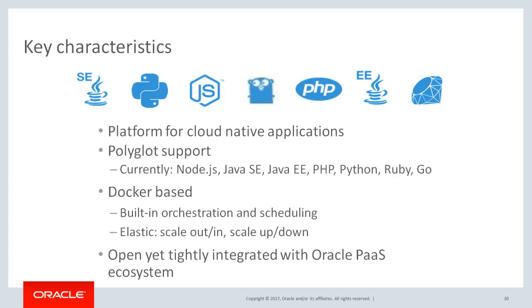It is polyglot in nature, meaning it supports multiple languages as well as runtimes, including Node.js, Java SE, Java EE, PHP, Python, Ruby, as well as Go. Your applications actually run within Docker containers, but Docker is not actually exposed or abstracted to the user. Things like container orchestration, scheduling, placement, etc. are taken care of by the platform. You have the capability to vertically and horizontally scale your application.